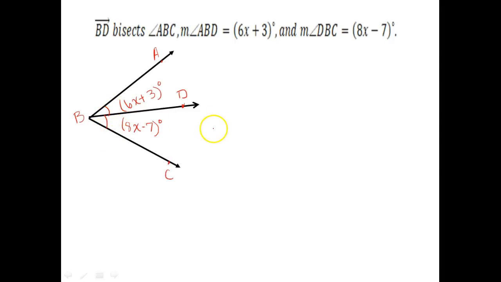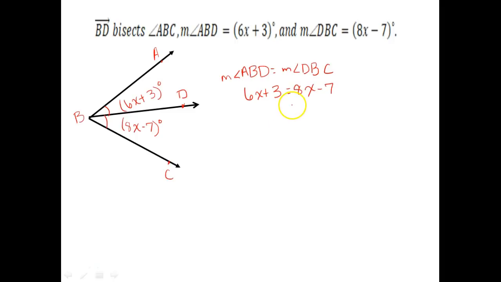Just cut the angles in half. So I know the measure of angle ABD is equal to the measure of angle DBC. They are equal. 6x plus 3 equals 8x minus 7. That's why it's very important to label your figures.